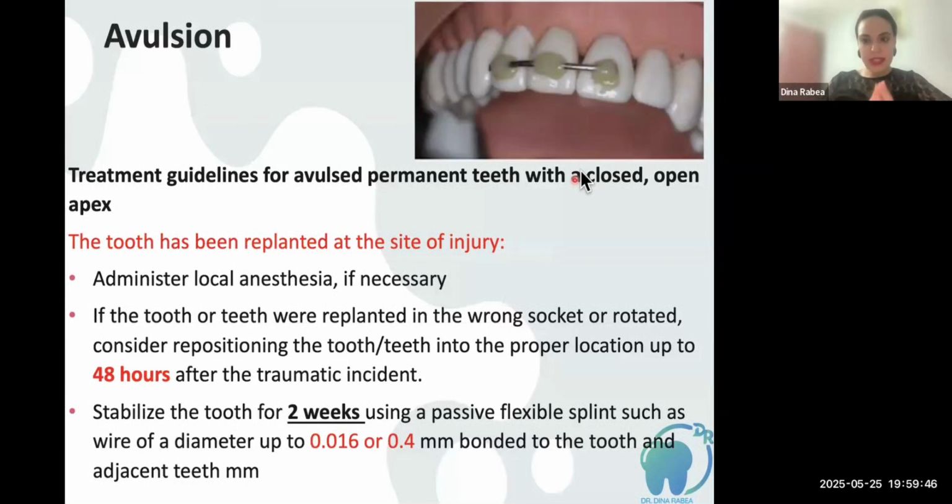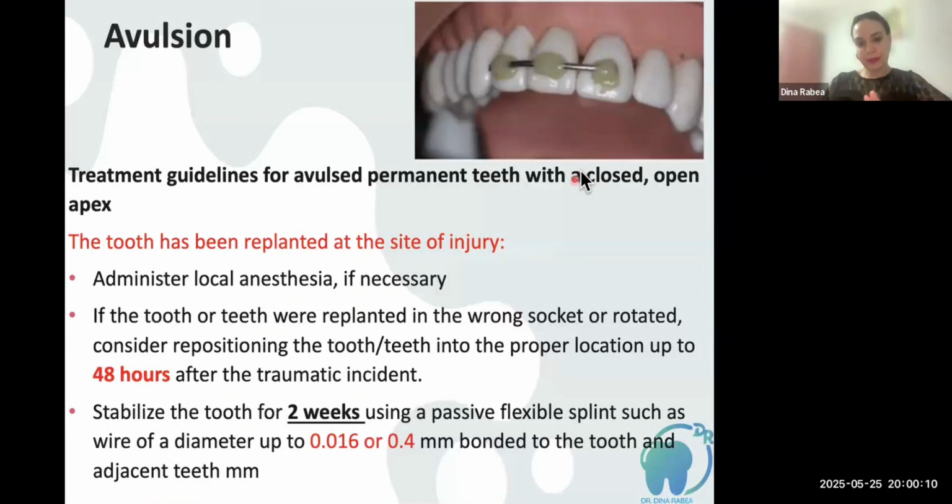After 48 hours, it's useless to remove the teeth and expose them to more trauma. You will be cutting more of the periodontal ligament, and this kind of complicated trauma you inflicted will have a very bad prognosis in the long run. So after 48 hours, do not interfere, even if the teeth are in the wrong position.